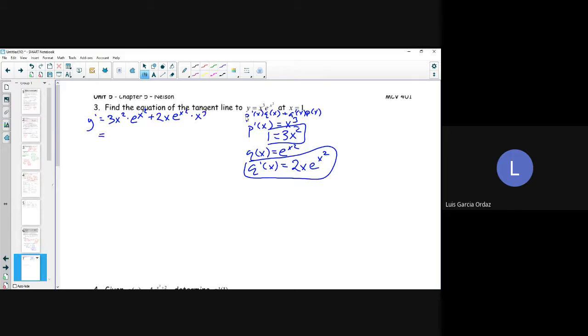Now before I move on, I can multiply my 2x and my x cubed. So I get 3x squared times e to the x squared plus 2x to the 4 times e to the power of x squared.